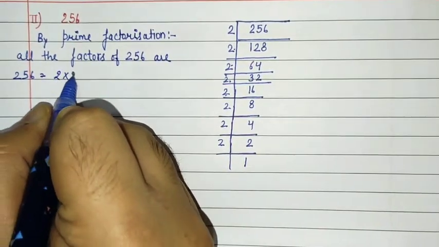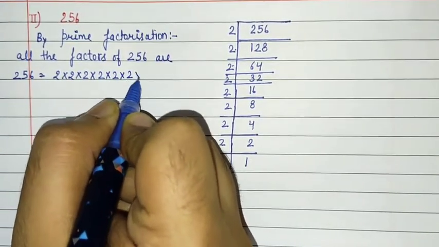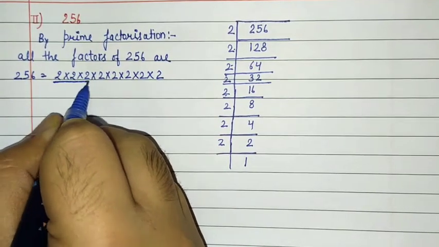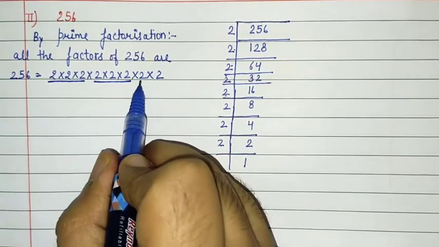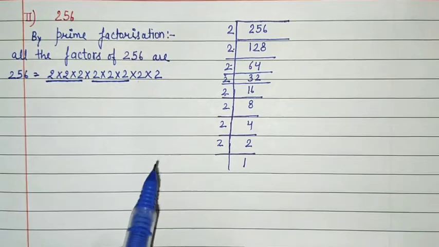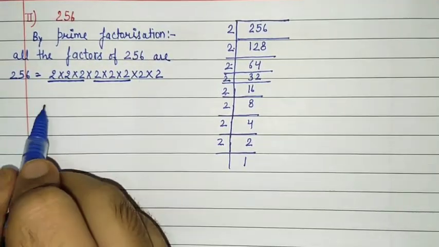So 2 into 2 into 2, and so on up to 8. Now make groups of 3: one group, second group. Now here are only two 2s, so to make a group we need one more 2, yes or no?